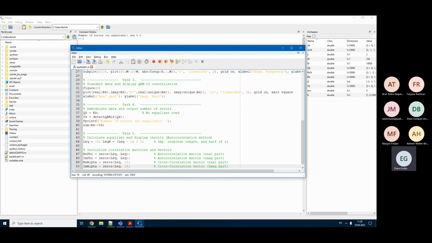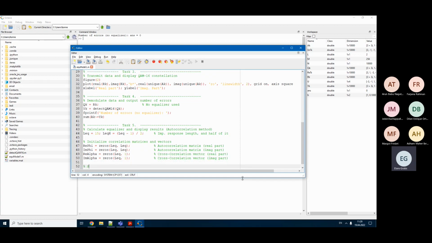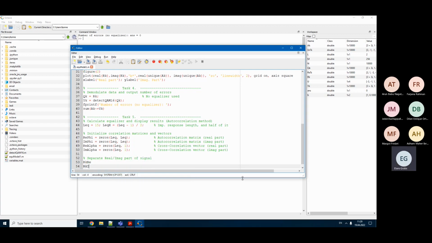Also, we might need the real part and imaginary part of our received signal. This is our received signal we are going to use as an input for the equalizer. So separate the real and imaginary parts of the signal. We are going to have RK real, RK imaginary.